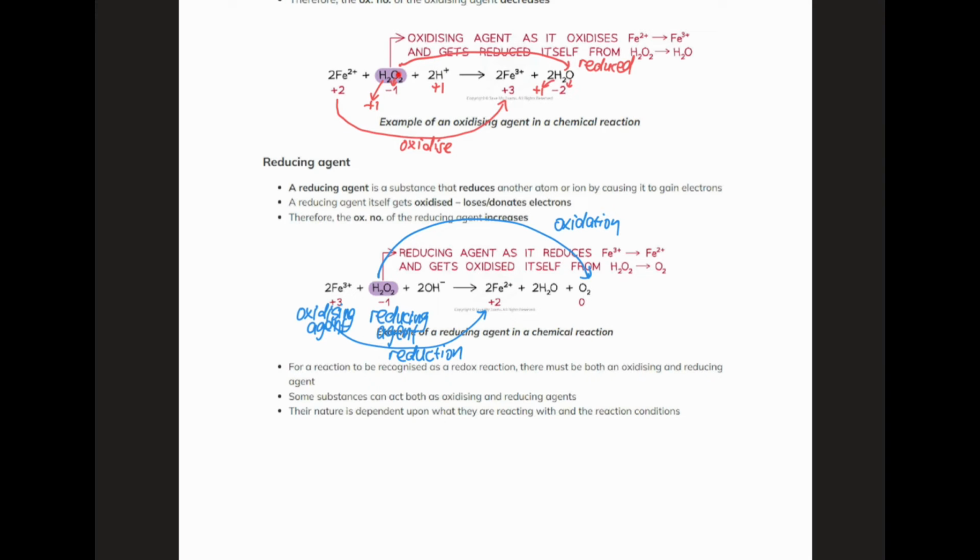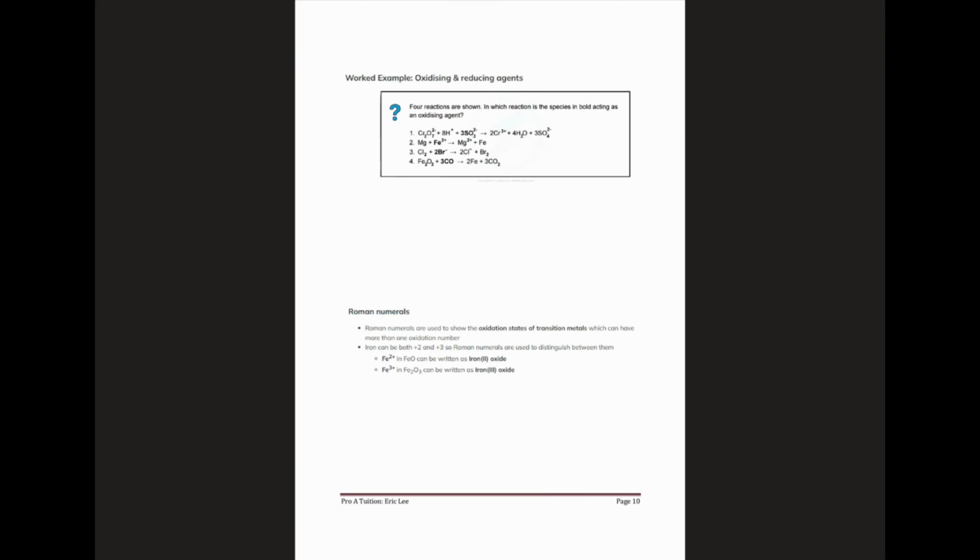So that means if hydrogen peroxide reacts with iron 2, then hydrogen peroxide is the oxidizing agent. So it depends on the other chemicals, the other substance. So if hydrogen peroxide reacts with iron 3, then it acts as a reducing agent. So it depends on the chemicals that are present. Okay, so let's move on.